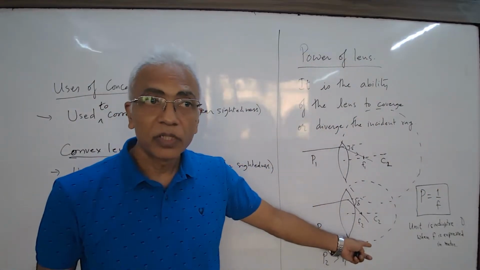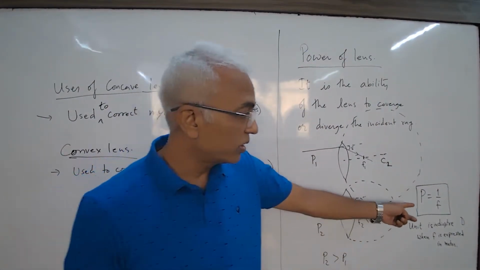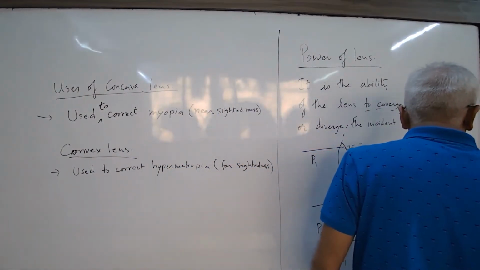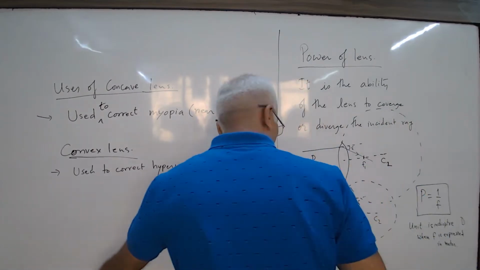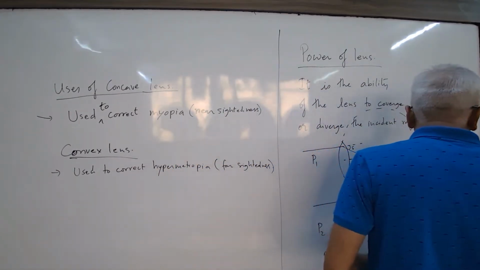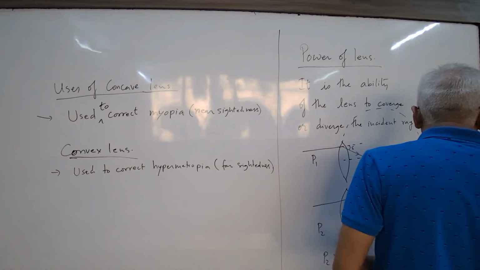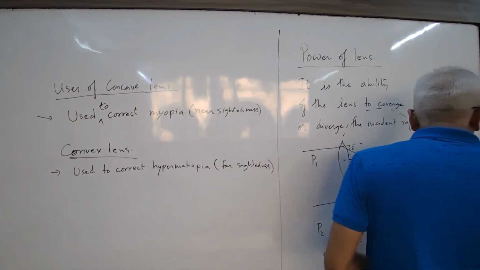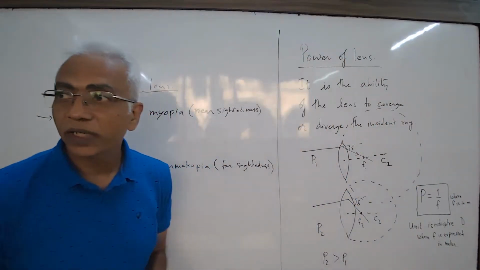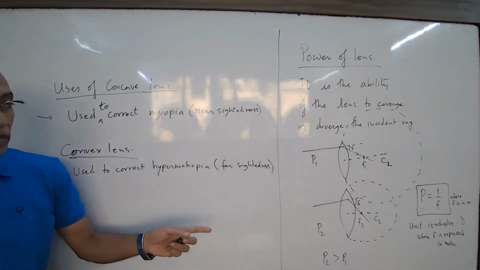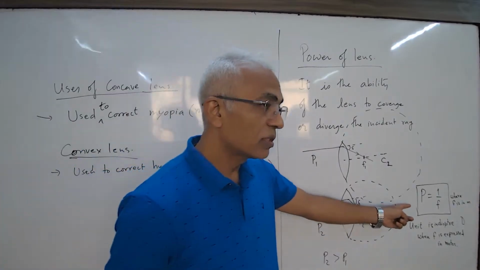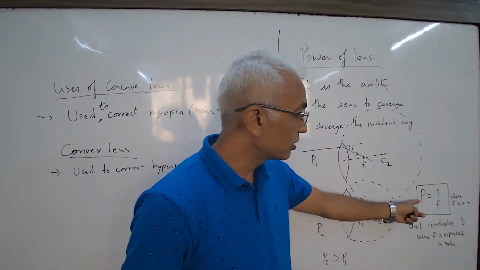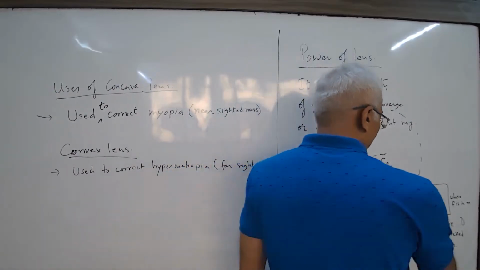The unit of power is diopter when focal length is expressed in meter. So whenever power questions are there, you have to convert focal length into meter. Only then can you write the unit of power as diopter, D.